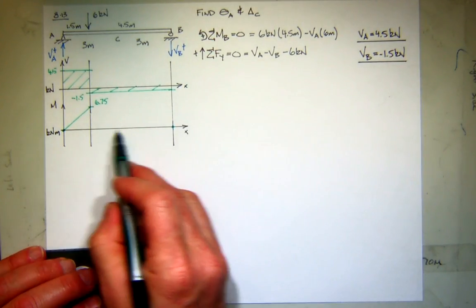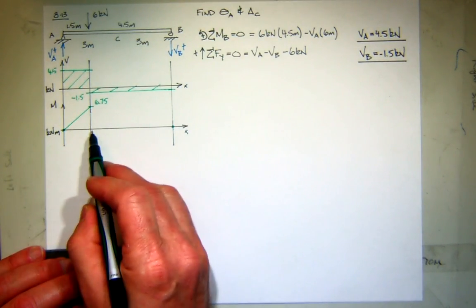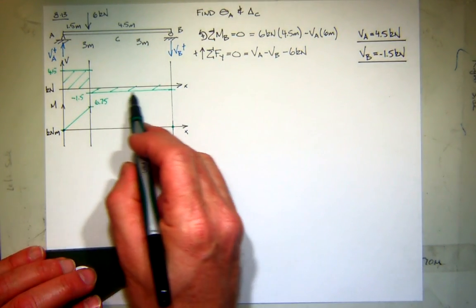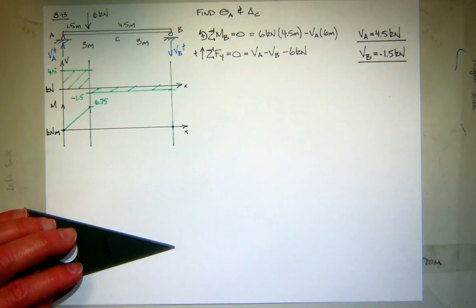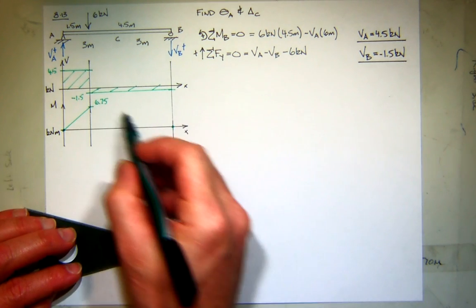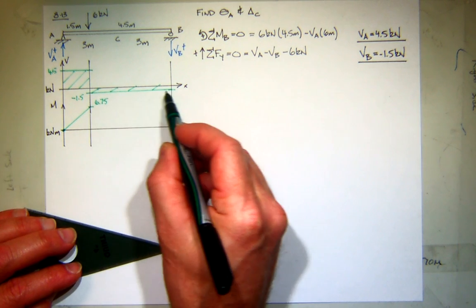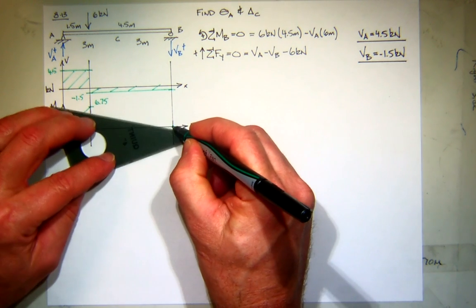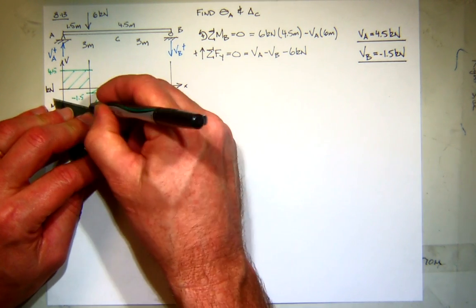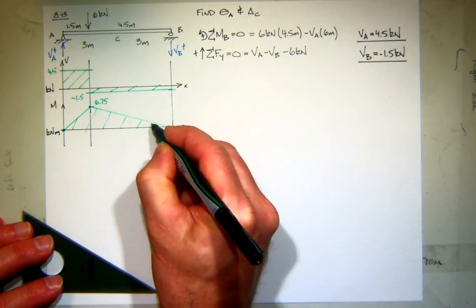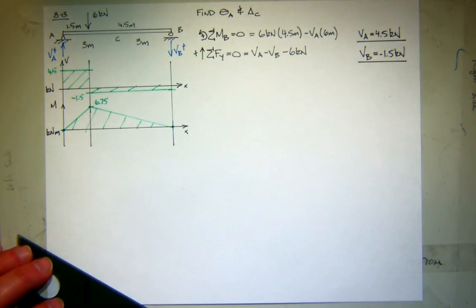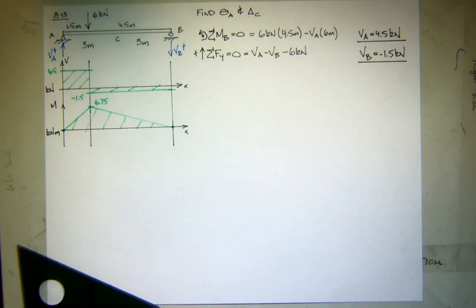And then the change in moment from 1.5 to 6 is this part of the curve, which has the same value, and it's negative, brings me to 0. So that's good. And also I see that the shear is constant and negative, so the slope is constant and negative. So there's my moment diagram. Any questions about that? So now what do we do? Conjugate beam, right?